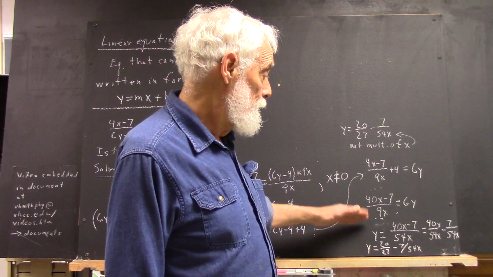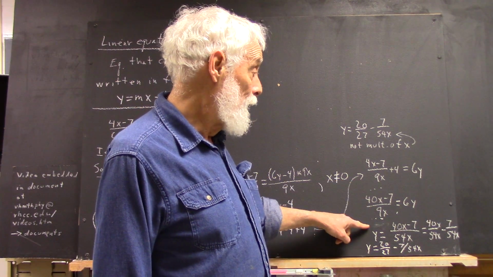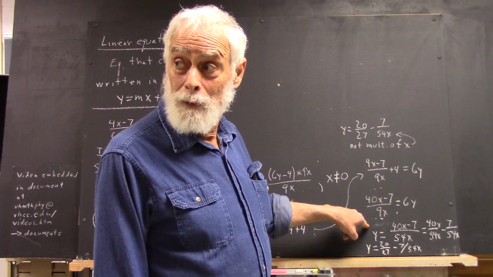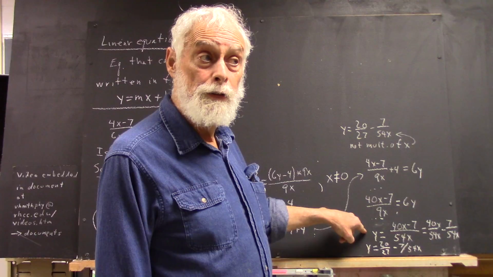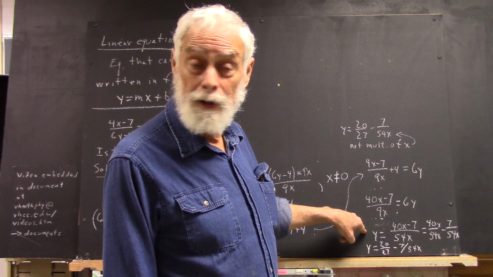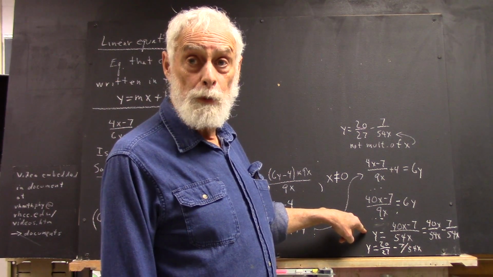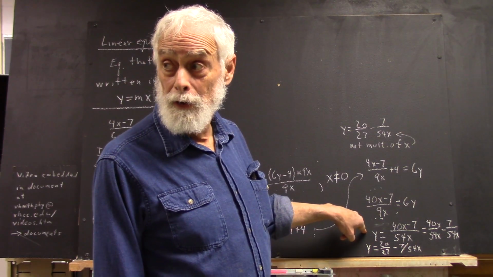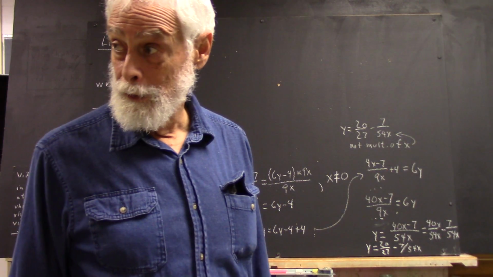And I understand that in these dots, some people are going to be lost, but this just follows from procedures that we've learned, and we can't take time to do the algebra. We'll take some time in the MCR and do this, so there'll be some videos on it, probably Thursday, okay?